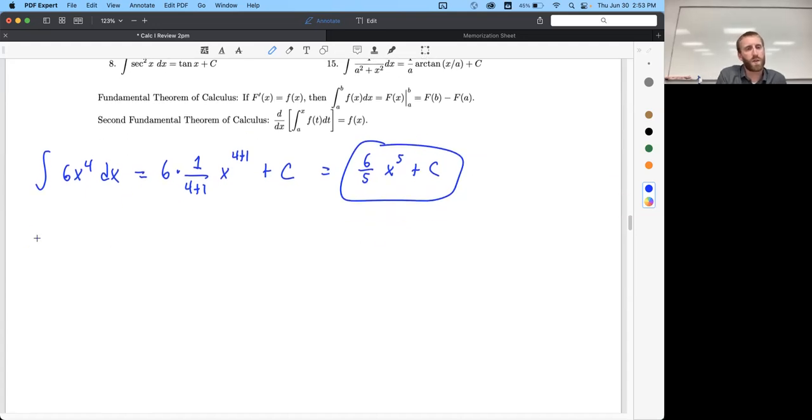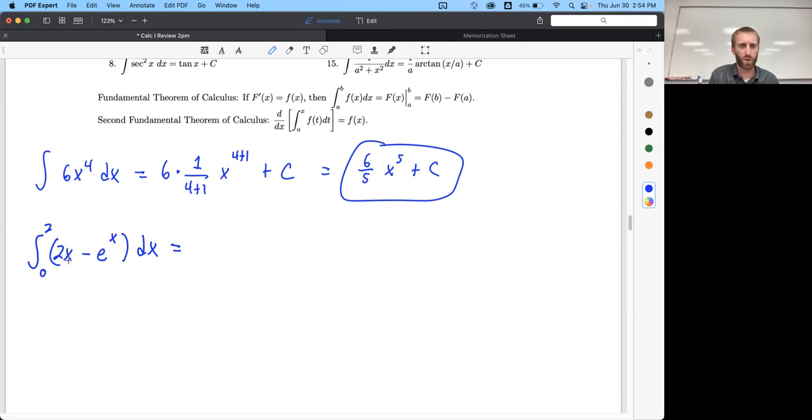All right, then we can also do something like the integral of 2x minus e to the x from 0 to 2. And now that this has bounds on it, we can use the fundamental theorem of calculus, which says take an antiderivative of the stuff in here and then plug in the bounds and subtract.